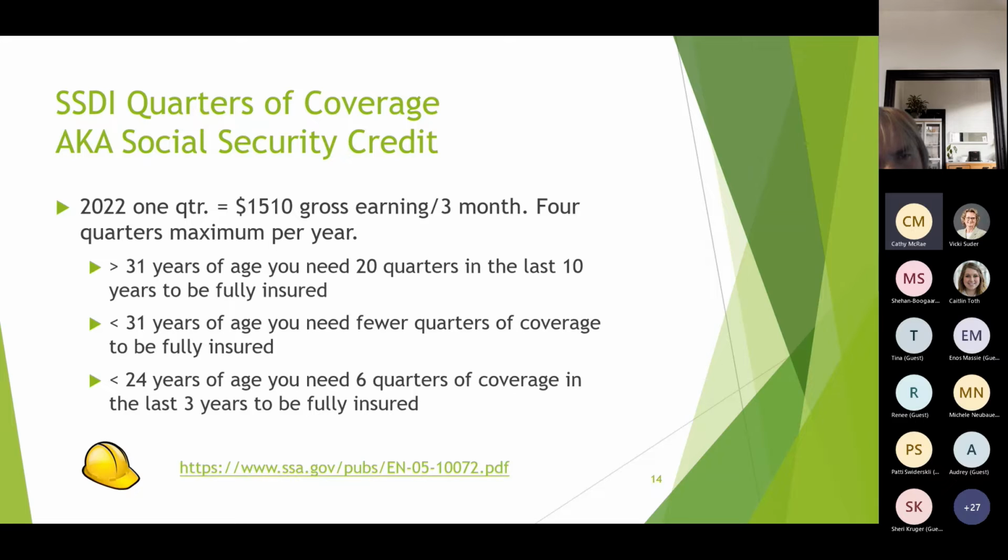If you're under 24 years of age, you only need to have 6 quarters of coverage in the last 3 years to be fully insured. And then between those ages, the number of quarters that you need to be fully insured varies. Next slide, please.